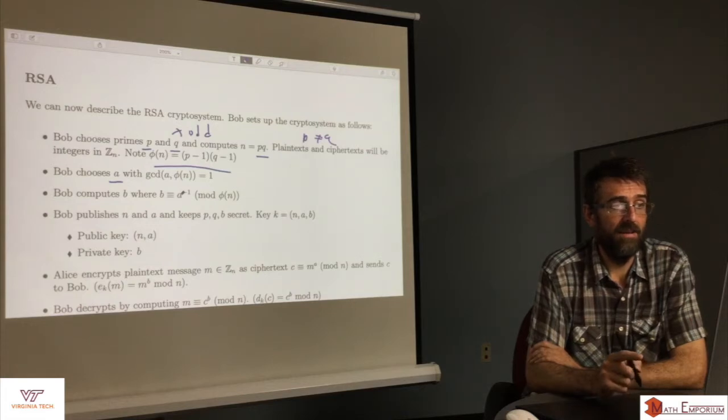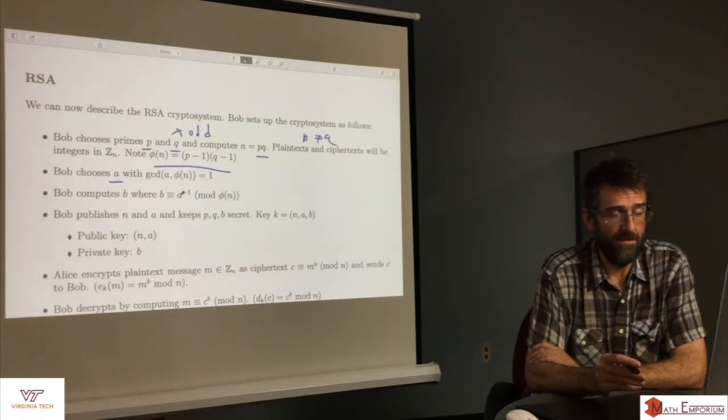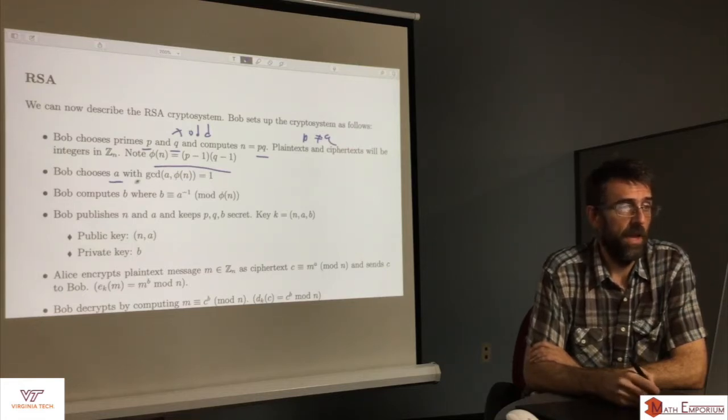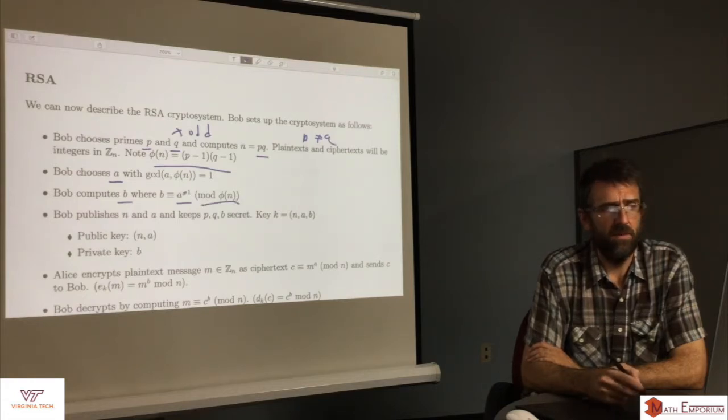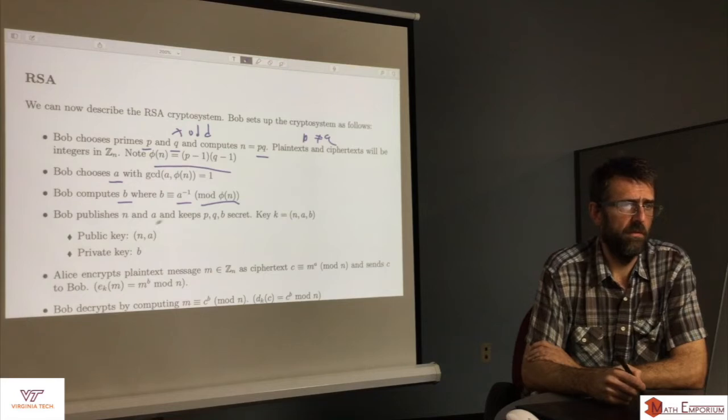Not necessarily invertible mod the original n, but definitely invertible mod phi of n. This A is what's going to be serving as an encryption exponent. Then Bob is going to compute B, where B is going to be the inverse of A mod phi of n. So this will be the decryption exponent.